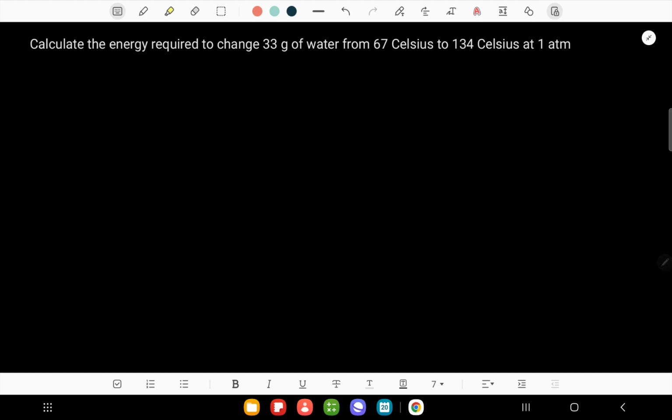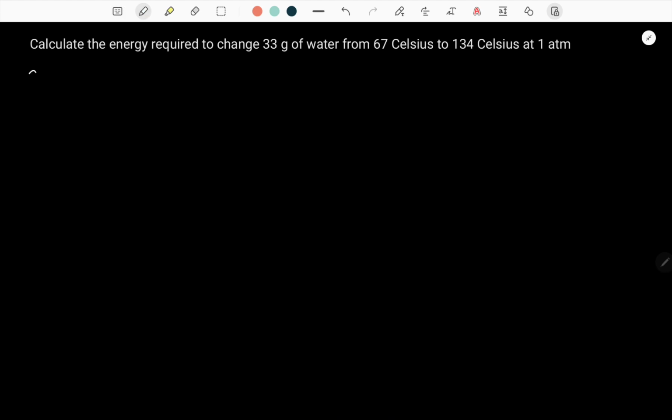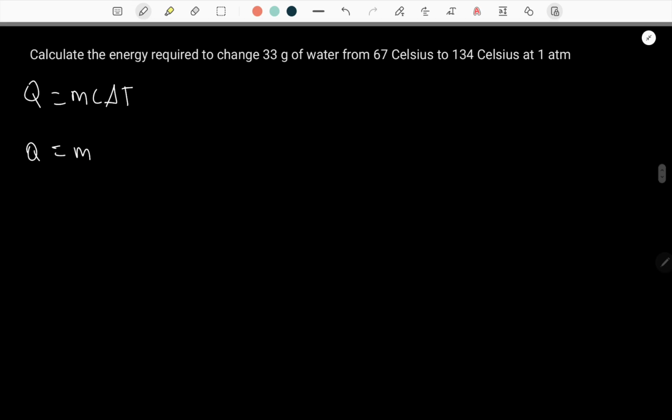Here we need to calculate the energy required to change 33 grams of water from 67 Celsius to 134 Celsius at 1 atm. The two formulas we're going to use here are Q equals mc delta T, and the other one is the one we just used, which is m delta H, or n delta H, whatever the units are in the question.